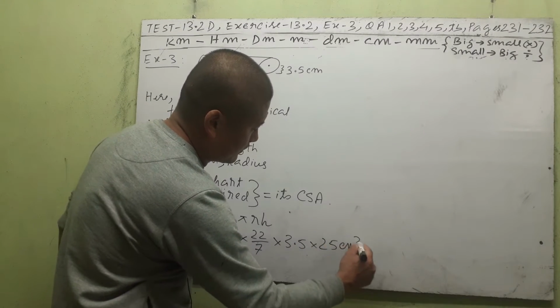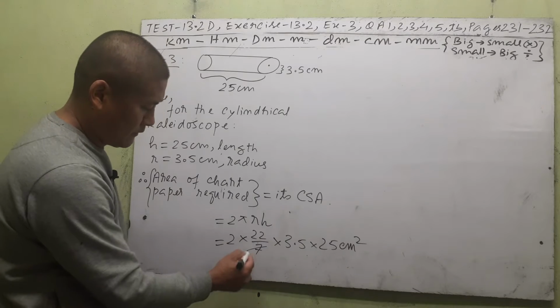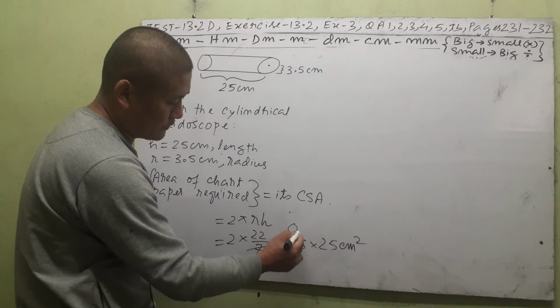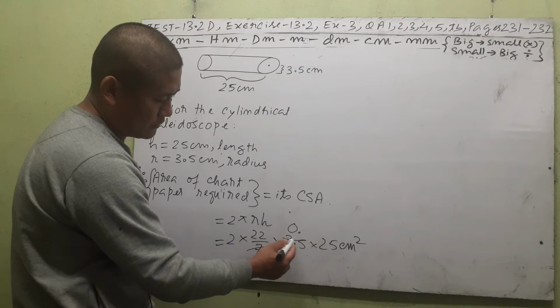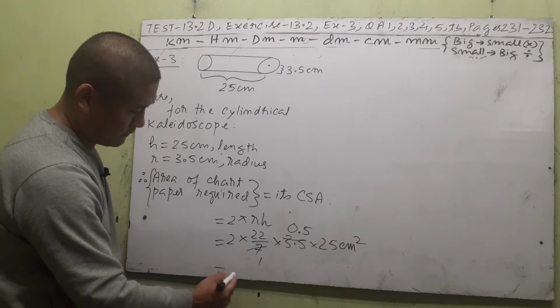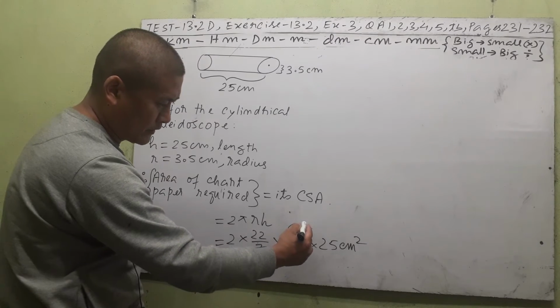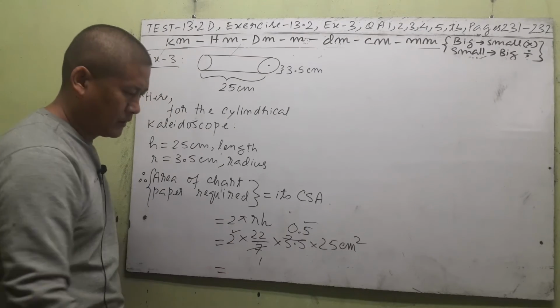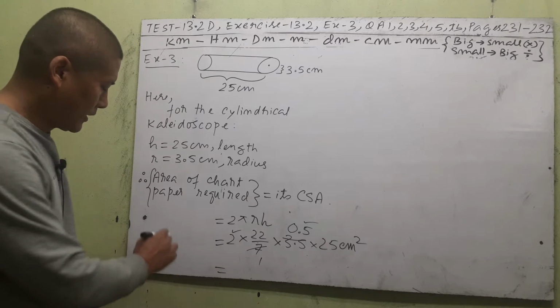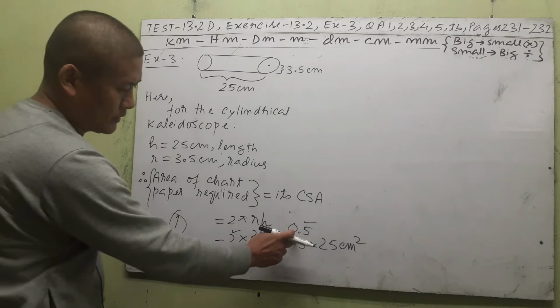So area means centimeter square. 7 ones are 7. 3 is less than 7, so we put 0 first, then point. And 3 will combine with 5, so 35. 7 5s are 35. Even yesterday we discussed 0.5 multiplied to any number, then that number becomes half, so 0.5 multiplied to 2 will become 1. So this we can just neglect now.